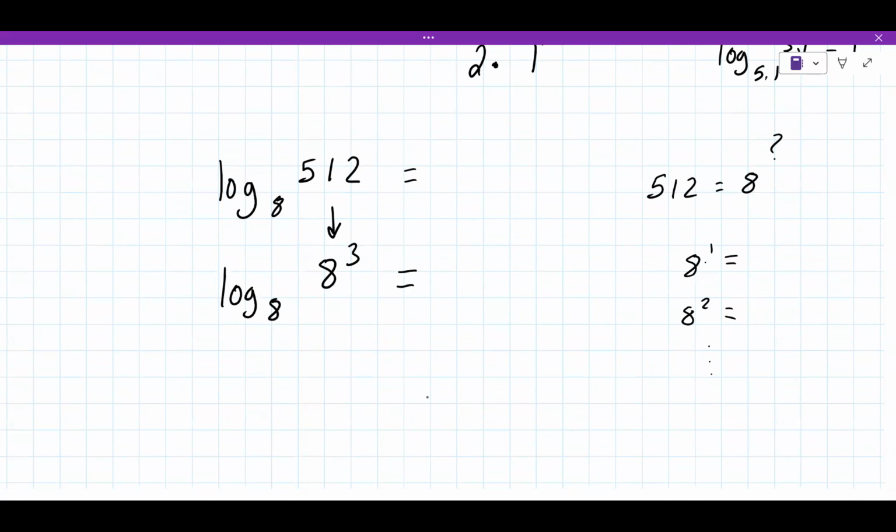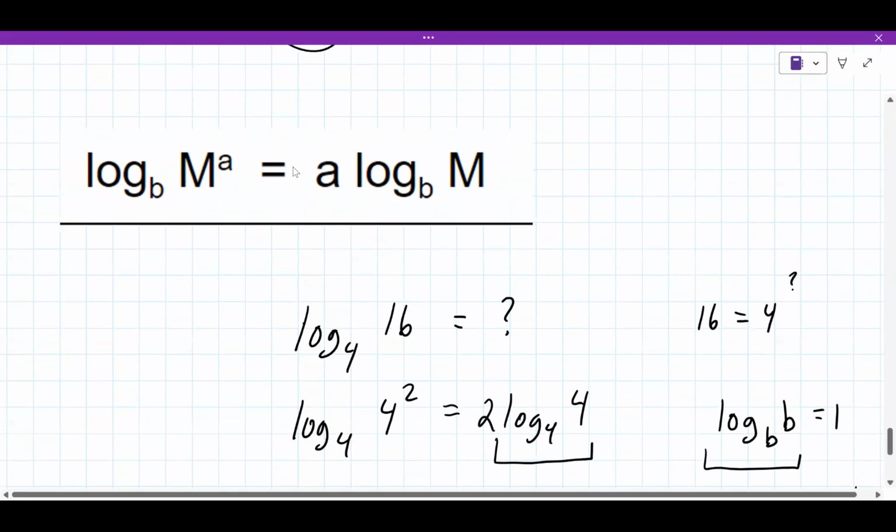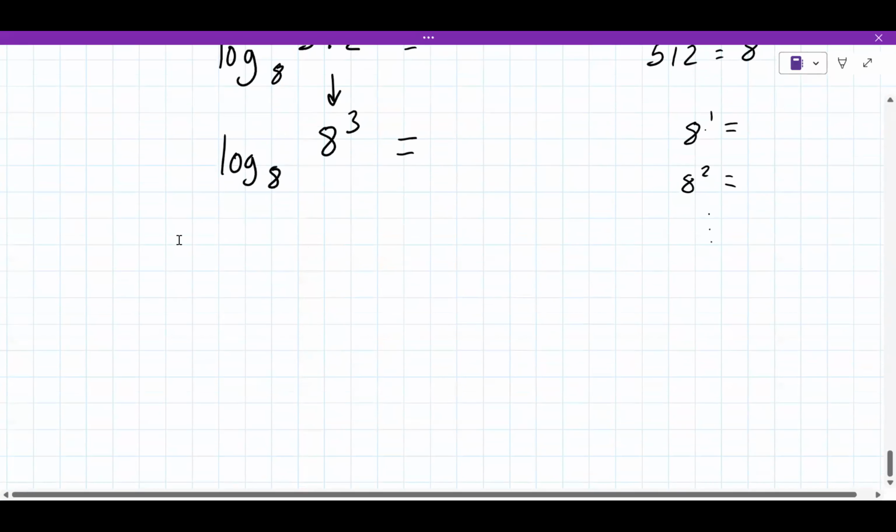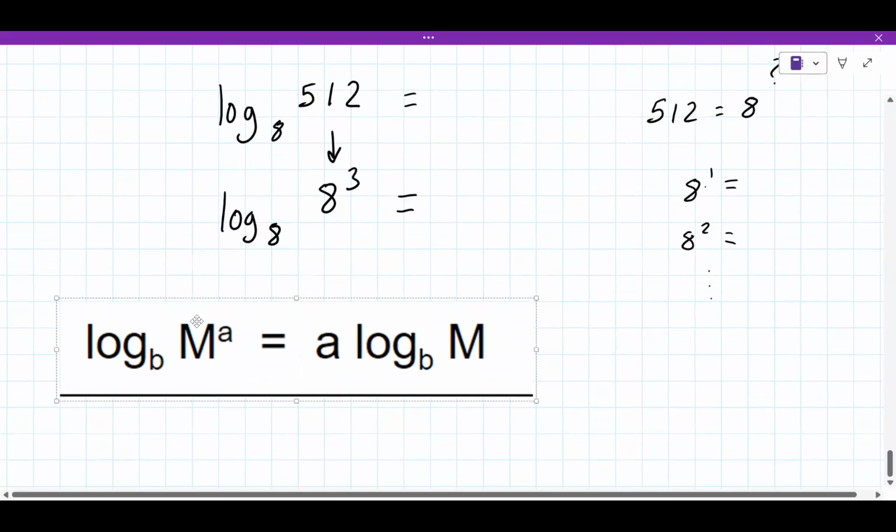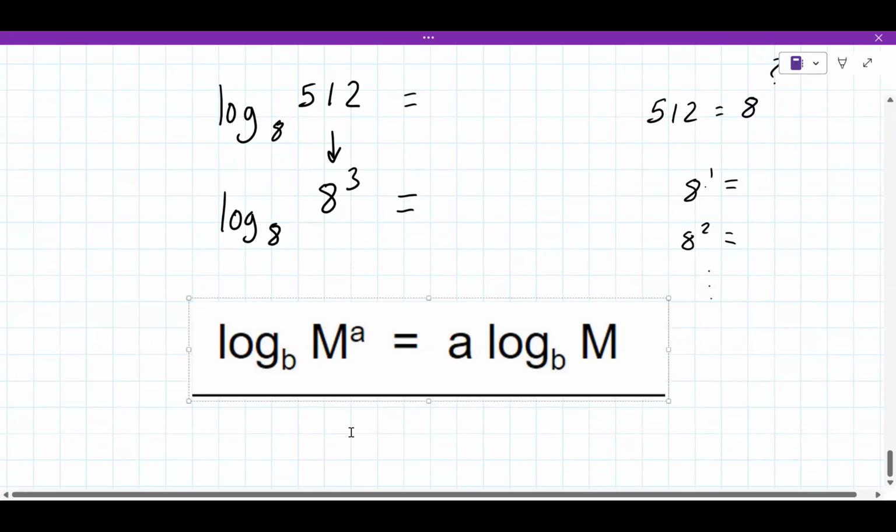Man, logs are confusing. Let me bring the property law down again. Sometimes I understand logs, sometimes I don't.